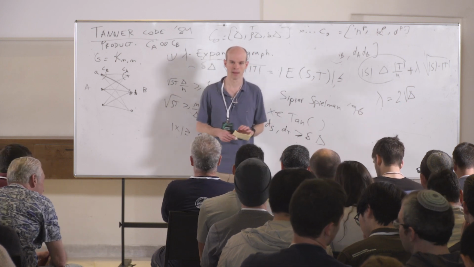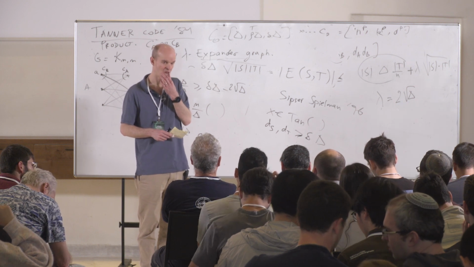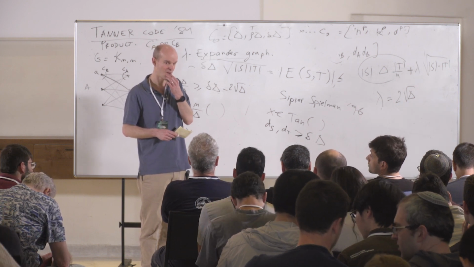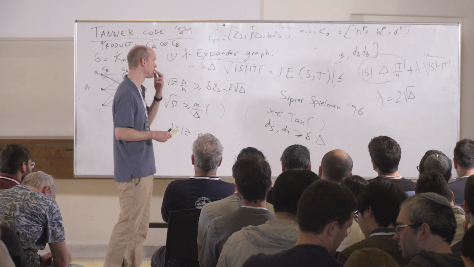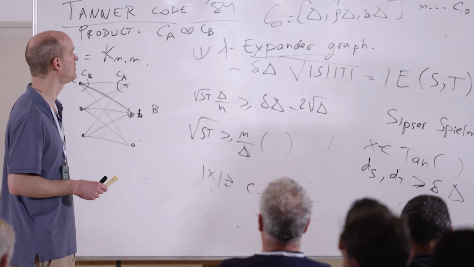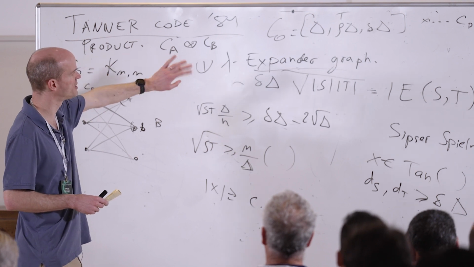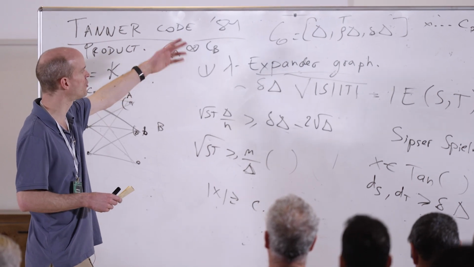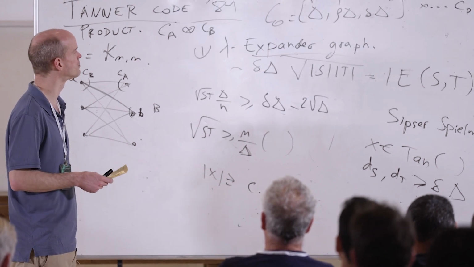Is there a simple intuition or reason why I should expect the number of edges from S to T to be like a random choice? Yeah, these expander graphs are combinatorial objects, so they can be studied with the tools of random walks.